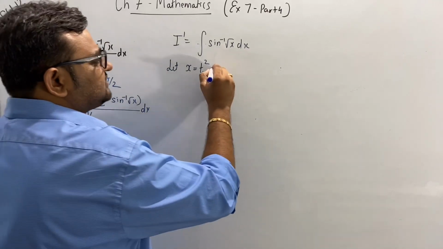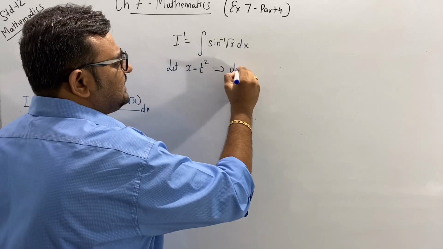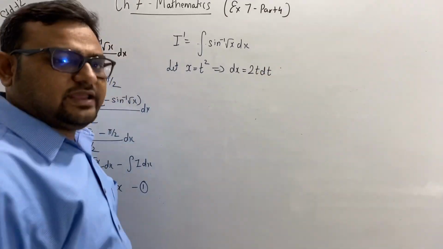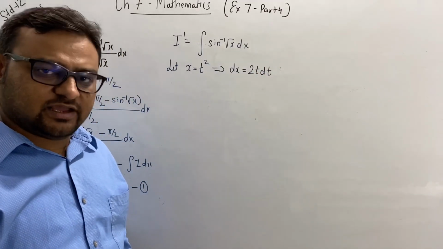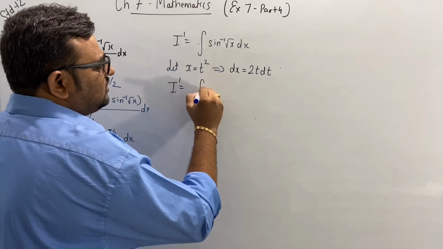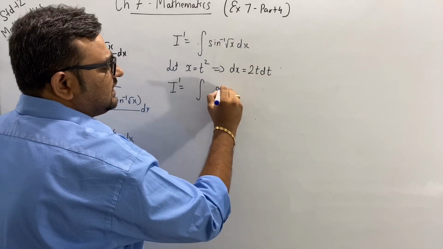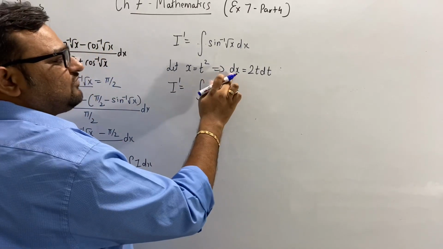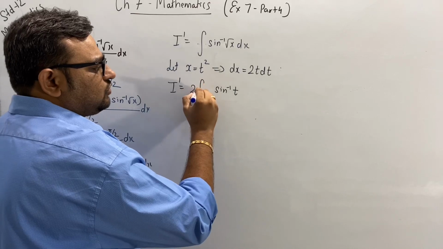So when we differentiate it, this will imply dx is equal to 2t dt. Clear? So now our integral I dash will be equal to the integration of sin inverse t, instead of root x t, and instead of dx 2t dt.